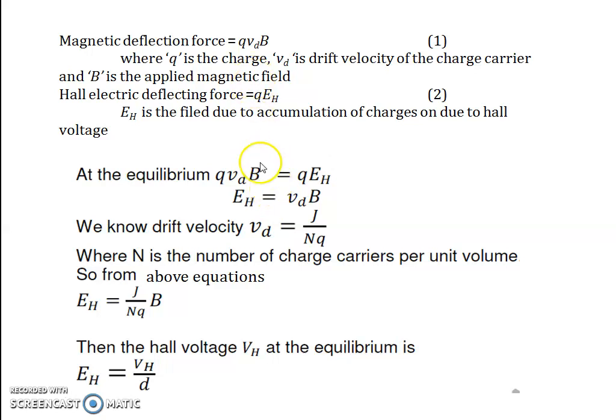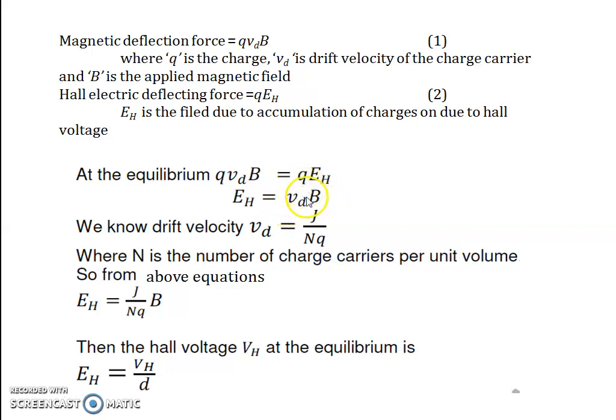These two will reach an equilibrium. At that point, Q V_D B equals Q E_H. If you cancel the Q on both sides, E_H equals V_D B.